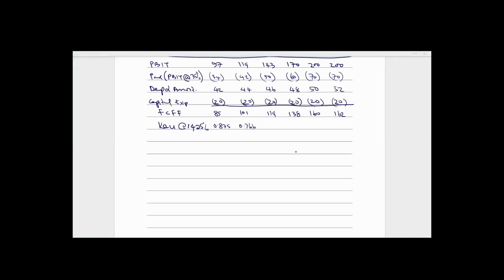Year 3, 1.1425 raised to power minus 3 equals 0.671. Year 4, raised to power minus 4 equals 0.587. Year 5, 1.1425 raised to power minus 5 equals 0.514. And then year 6, 1.1425 raised to power minus 6 equals 0.45.